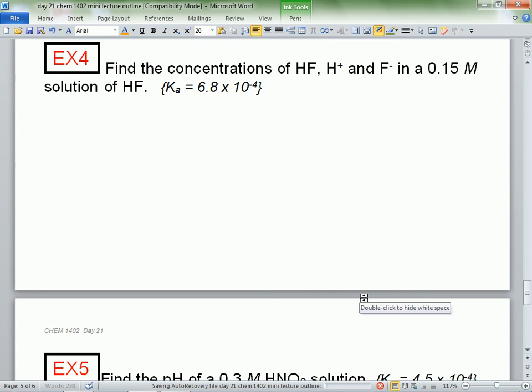I see a lot of 0.01s for the concentration of H plus. So I think that's got to be right. If you're not getting it, check with your neighbor there. Make sure.